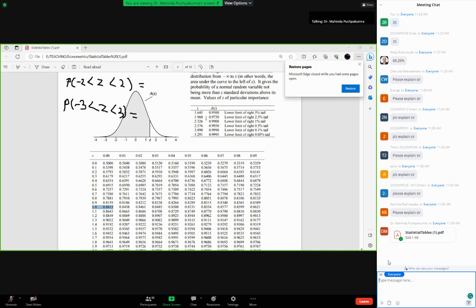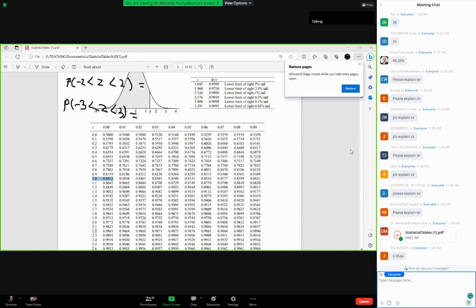I hope you can get the answer. Then you will have to read plus 2. What is the answer here? The same method you can apply. It is 0.9772, from this part. Then you have to find the value for the right side tail and get the answer. One has sent the answer. Others also can check.